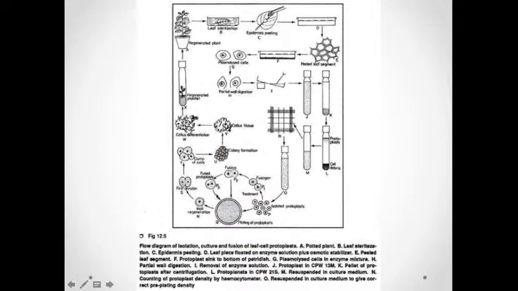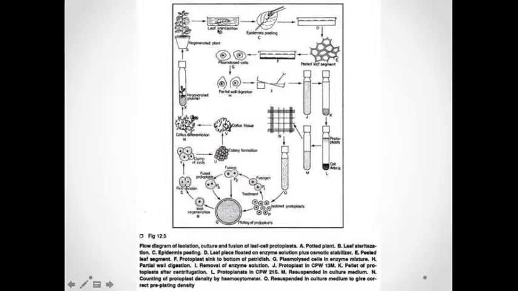Then after these big steps, callus tissues start to form. Then from the callus, differentiation starts to happen. Then at the end you have a regenerated plantlet. So this is quite lengthy, quite complicated, but at the end you have what you were looking for, and this plant could be regenerated into a whole plant again.